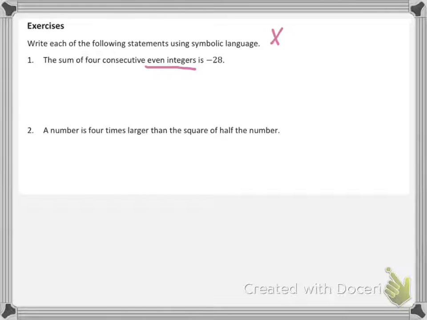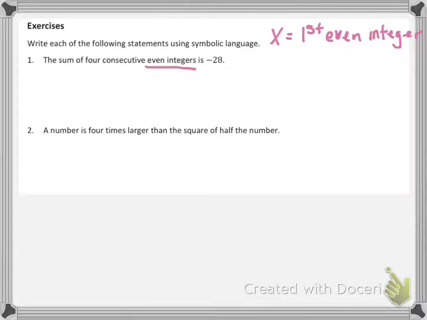I'll just use x. x is the first even integer. Whatever that happens to be, we'll be able to figure that out later in the unit. But right now we just need to write an equation saying what this sentence is saying.